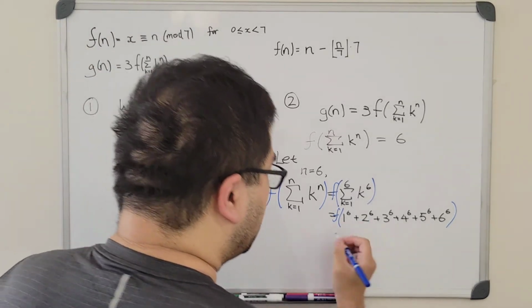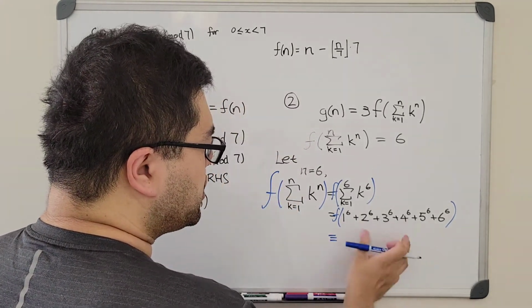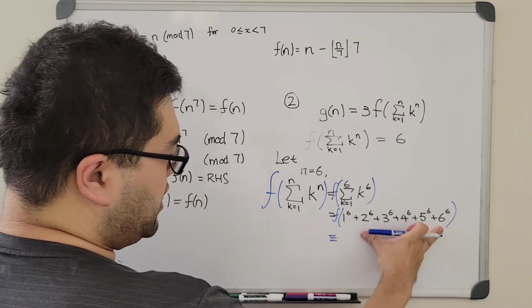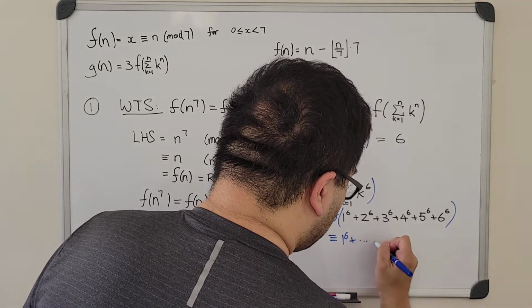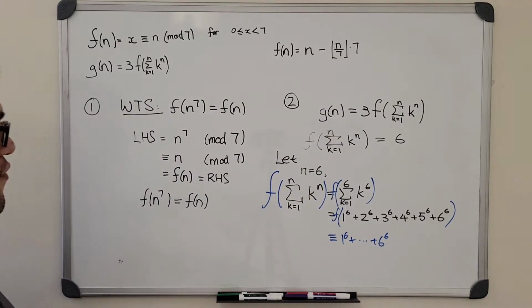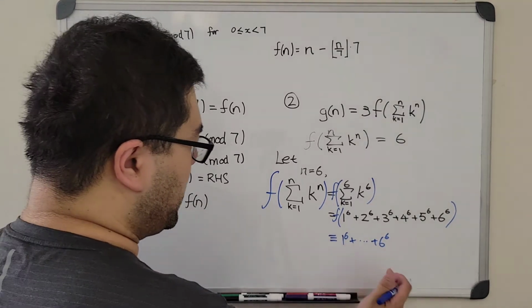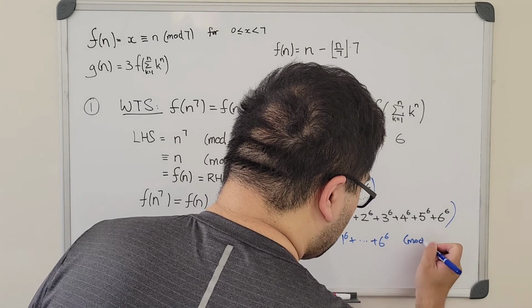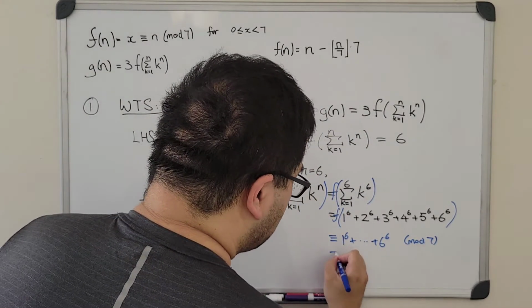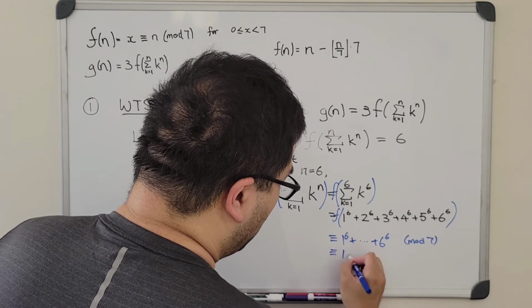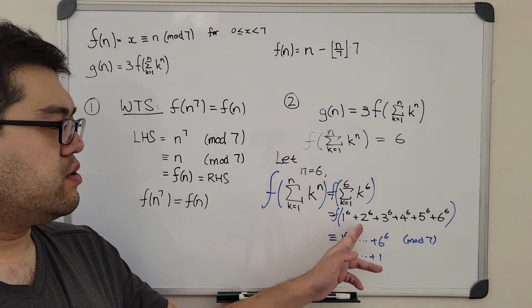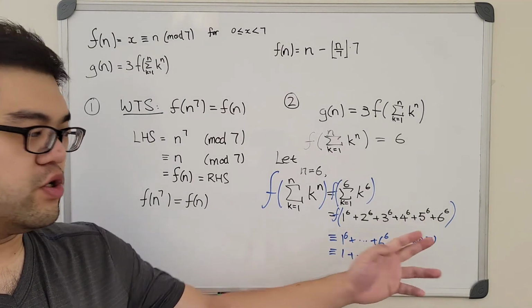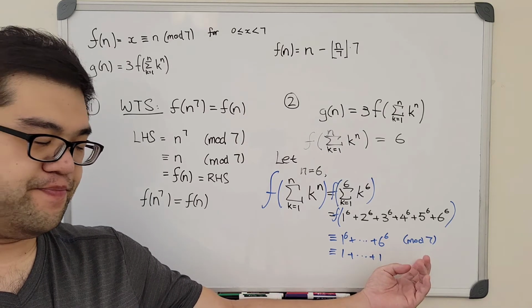So this here would then be congruent to the sum of these values, where by Fermat's little theorem, if we divide it by 7 or take it mod 7, we will actually get each one to be 1. Again, because 1, 2, 3, 4, 5, and 6 are all not divisible by 7.